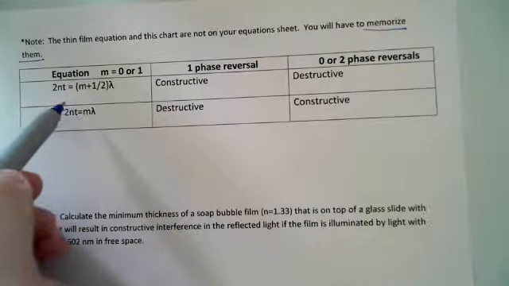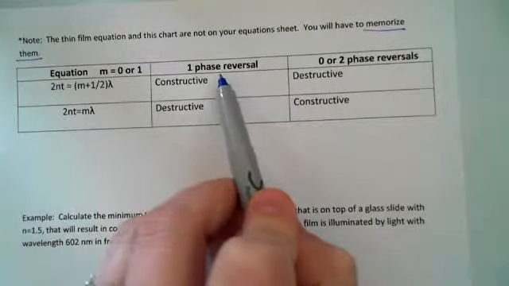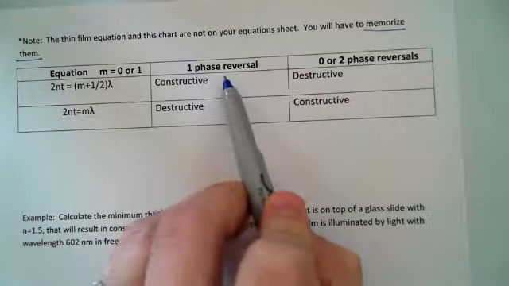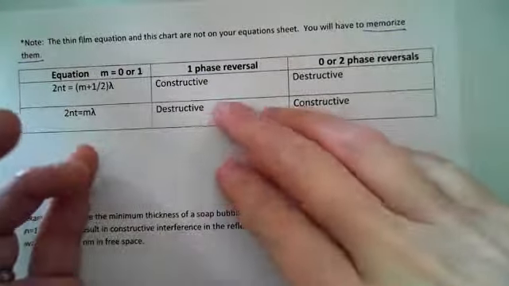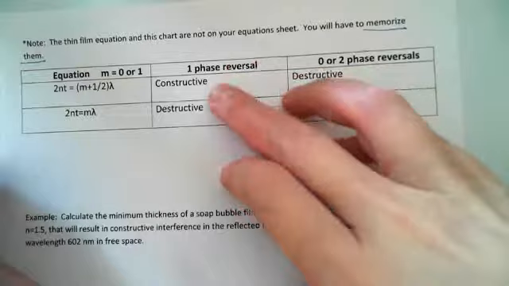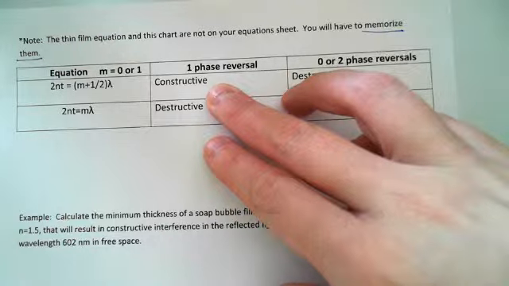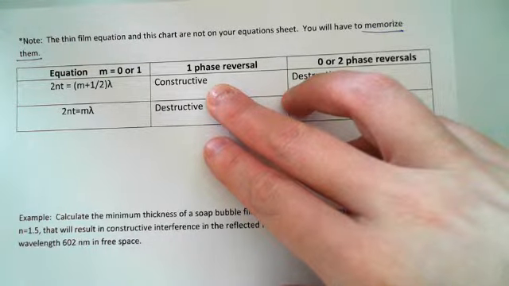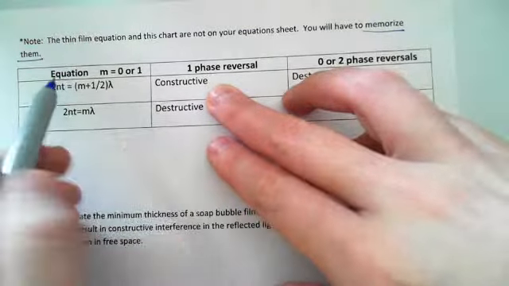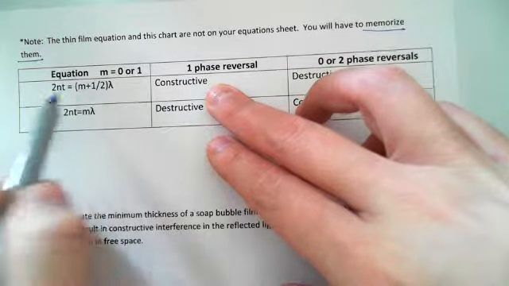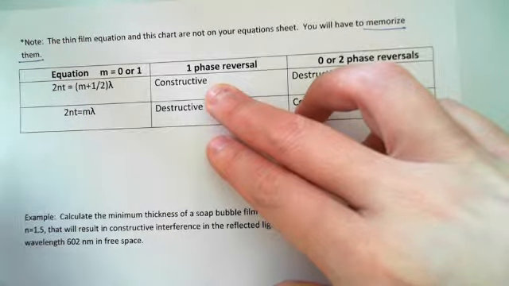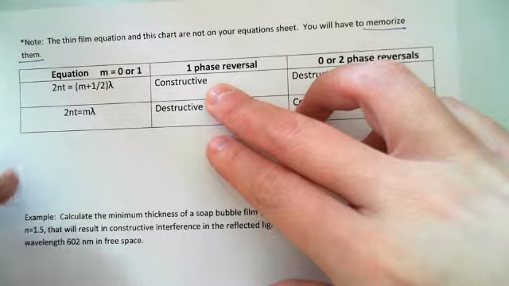Basically, if you have one phase reversal and it wants to know the reflected wavelength, the brightest color you're seeing, that's constructive interference. You're going to use this equation, and usually it talks about the thinnest film possible that creates that sort of interference.